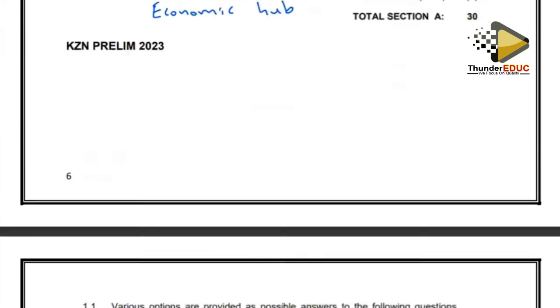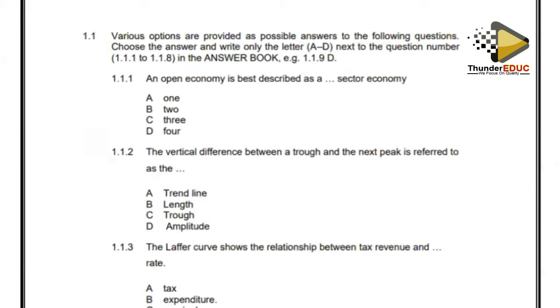Okay, right. So now, grade 12, let's move on to the next question. Next question, we have question 1.1. It reads as follows: an open economy is best described as a dash sector economy.